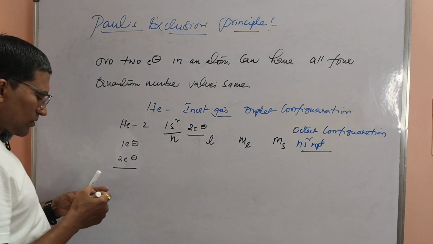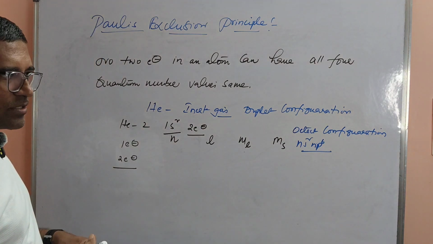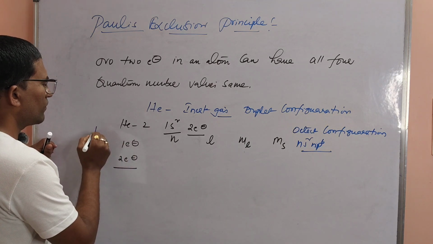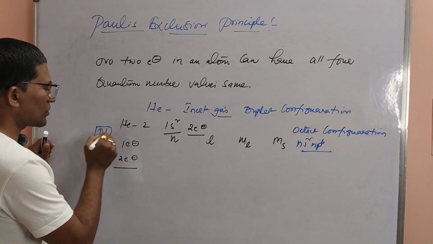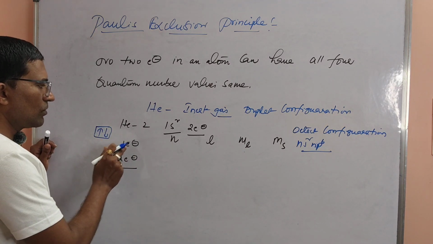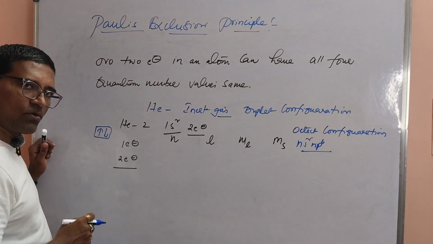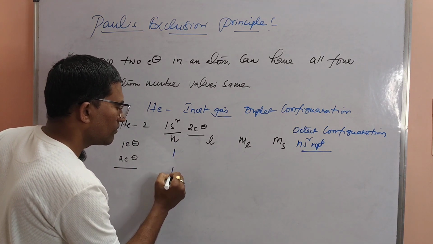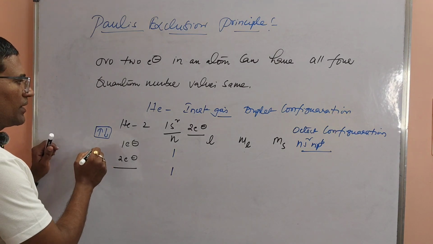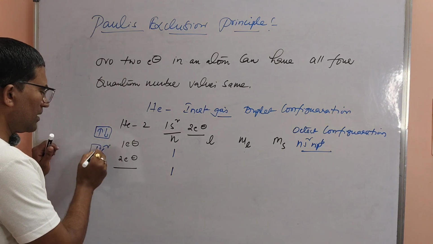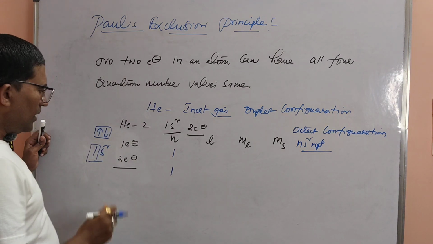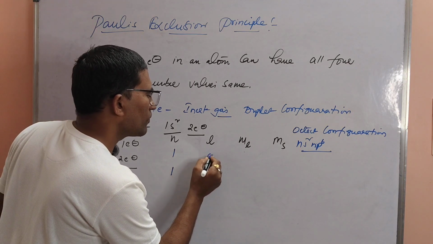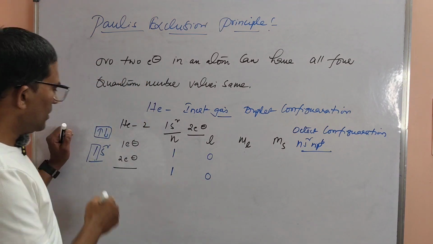Now I will write all these quantum number values for the first electron of helium. Two electrons are there, and both come under the first shell only. n denotes the type of shell, that is 1, 1, since the configuration is 1s2. For the s subshell, the l value is 0, 0.